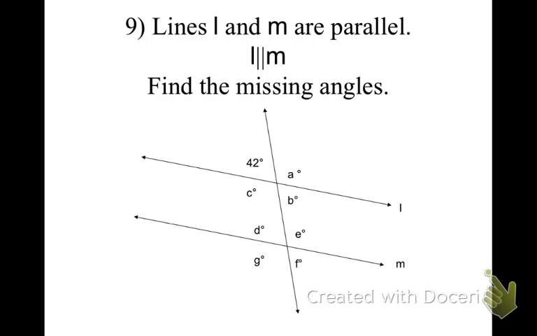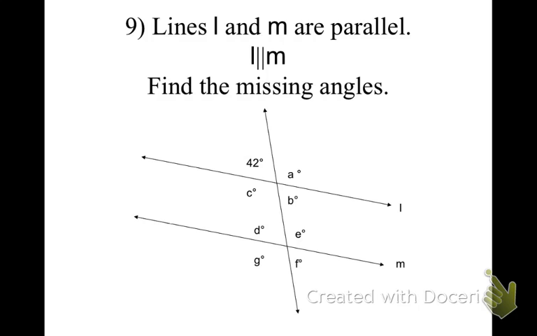Find the missing angles, and we are given that the one in the upper left is 42 degrees. Therefore, when I start thinking about all these angle relationships, I have vertical angles, I have corresponding angles, I have alternate interior and alternate exterior, and it would be easiest for me to start with finding all the ones that are equivalent to 42 degrees.